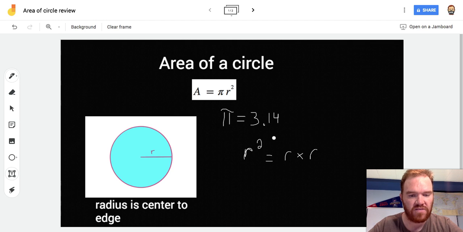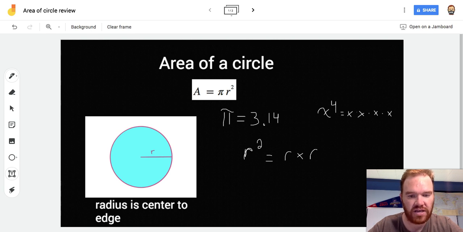Sometimes we might have something like x to the fourth power, and that would be x times x times x times x. I'm going to use my dots for multiplying. So r to the second power means r times r.